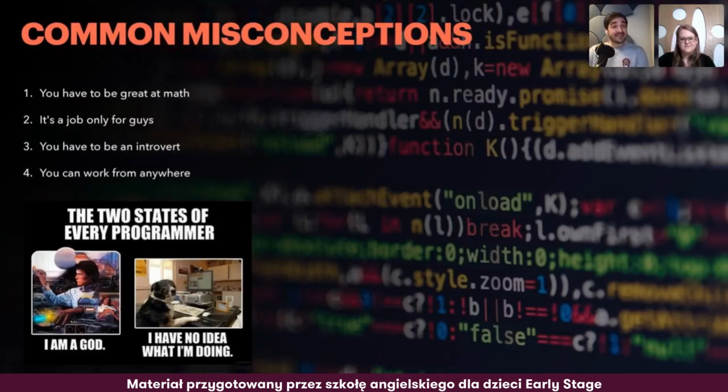So the second one, this is a job only for guys. I would say that is absolutely not true. And even though our environment is really mostly male-oriented, I would say women are welcome. And one of the first programmers was a woman. Ada Lovelace is considered the first programmer, even though computers did not exist in her time, but she was responsible for helping with creating the first pieces of code.